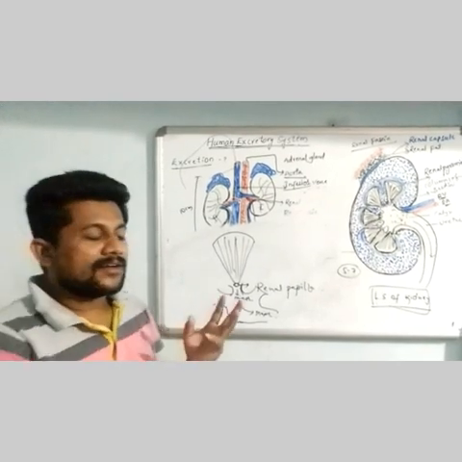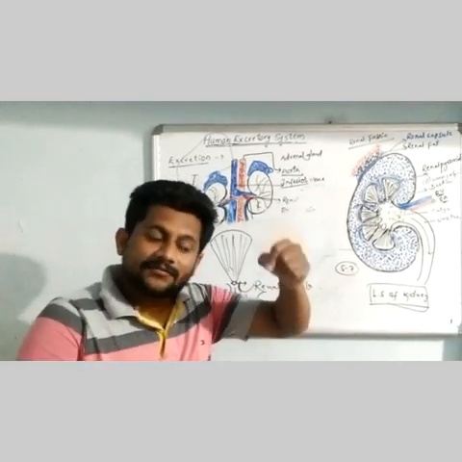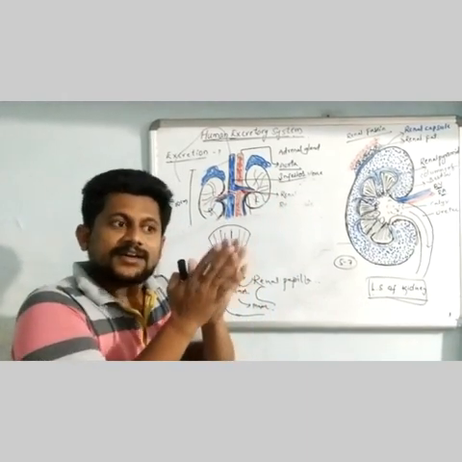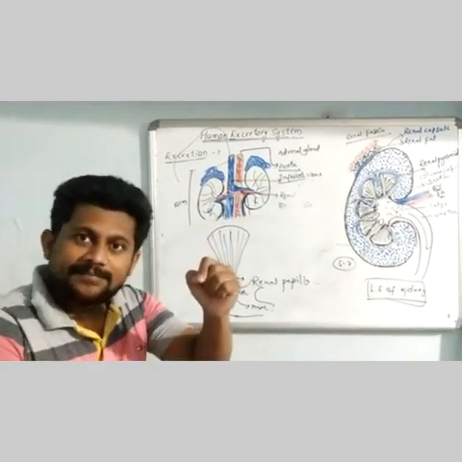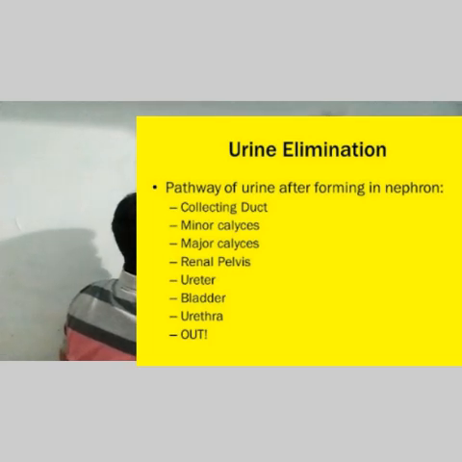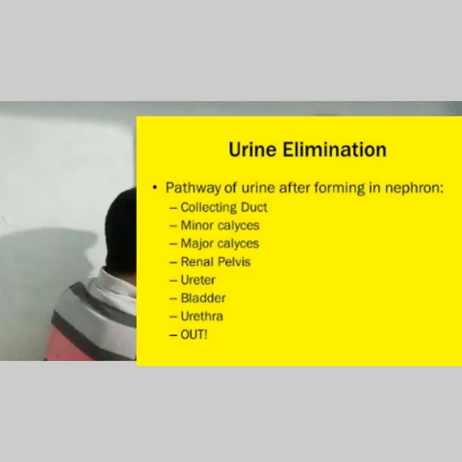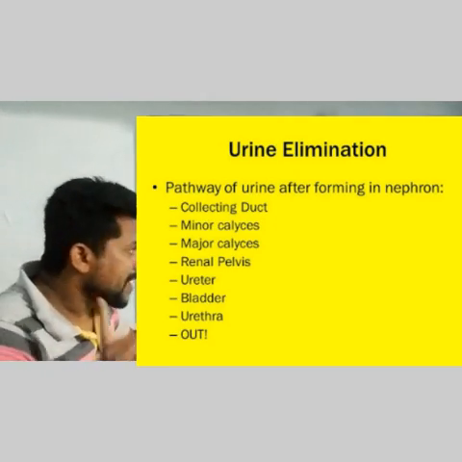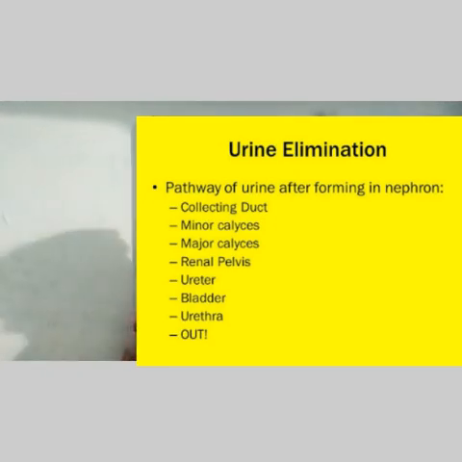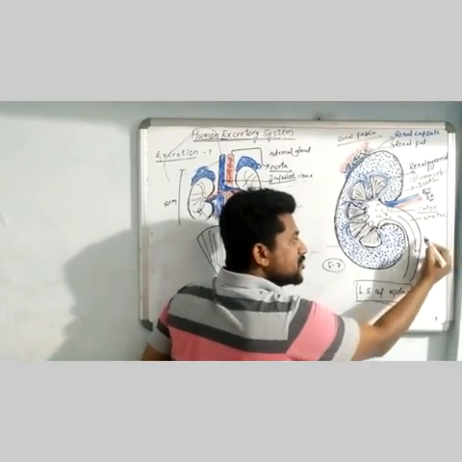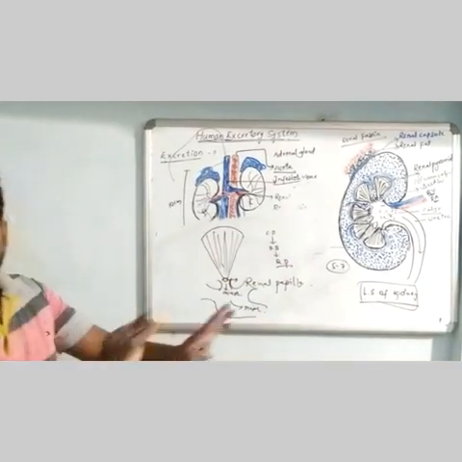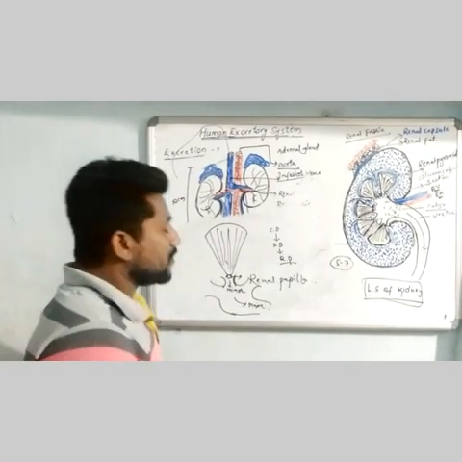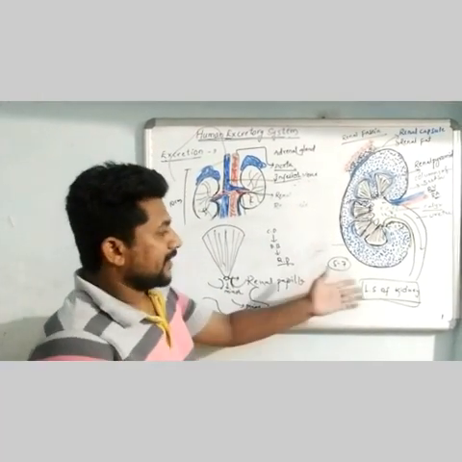From all the collecting ducts to duct of Bellini, to renal papilla, to minor calyces, to major calyces, to calyx, to ureter, to urinary bladder. Okay, so these are all the details of the internal structure of the kidney.